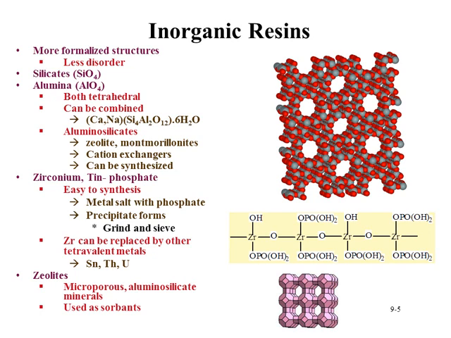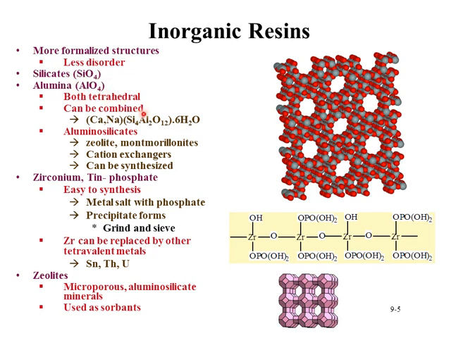Inorganic ion exchangers can also perform separation functions. One of the main differences between the inorganic and organic resins is that the inorganic resins tend to have more formalized structures; there's less disorder. So these may be more useful in performing size separations. Examples of some materials can be silicates and alumina type structures.